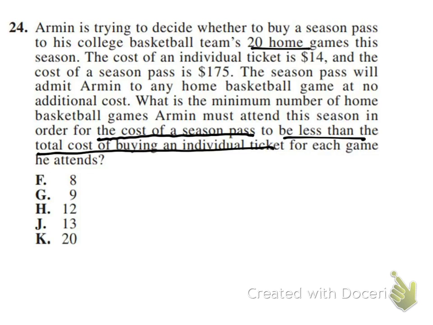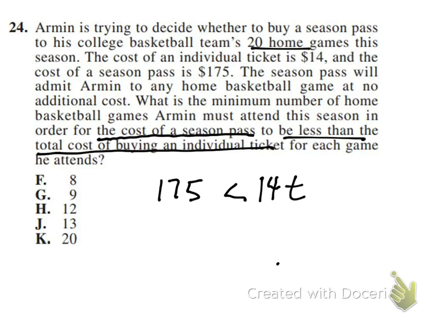There's my equation statement. You see the equation statement? What's the cost of the season pass? Less than the total cost of buying individual tickets. The tickets are $14 for each ticket, or 14 for each game. It wouldn't matter what equation you use there.